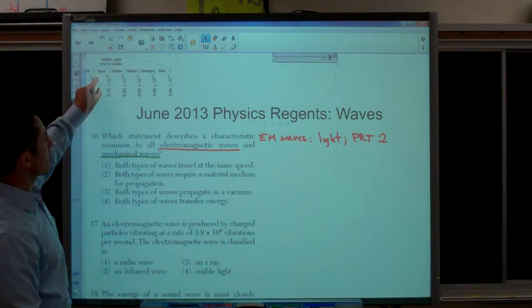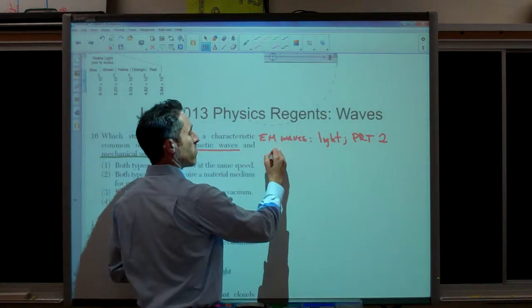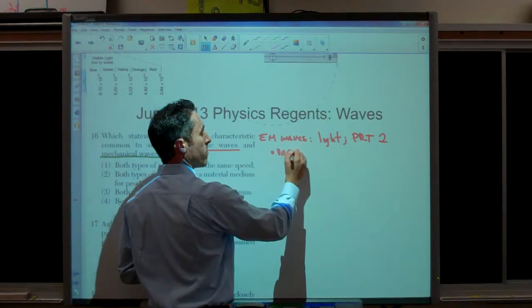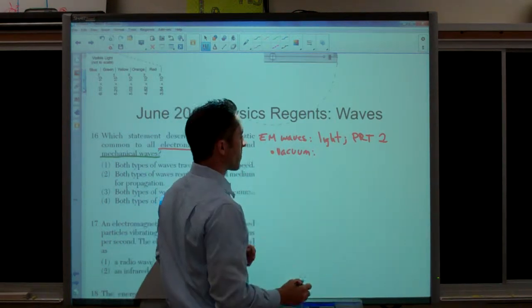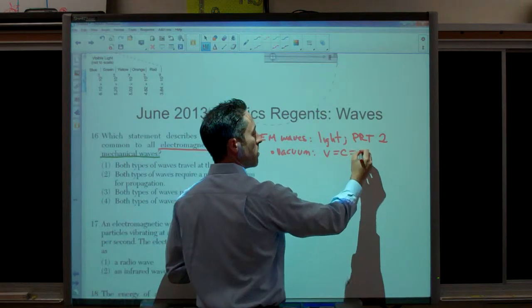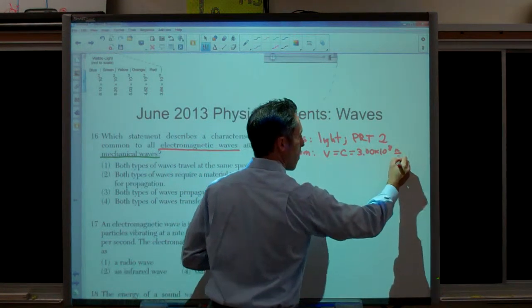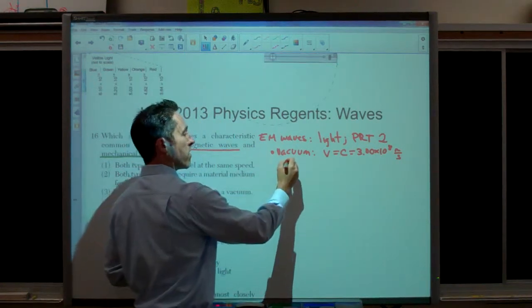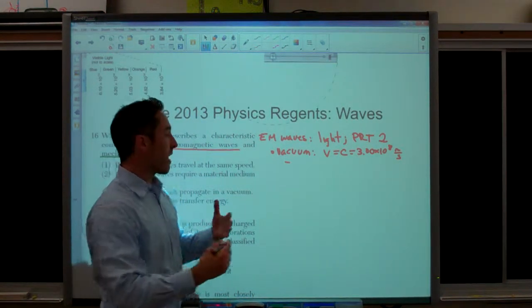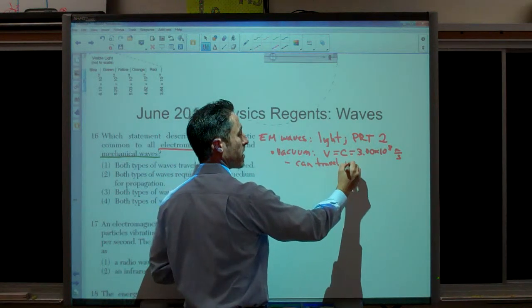And it's useful to think of them as all types of light because there are certain characteristics they all have in common. Number one, in a vacuum, as is written on the front of your reference table, they all travel at a speed equal to the speed of light in a vacuum. This also brings to bear that light can travel in empty space.